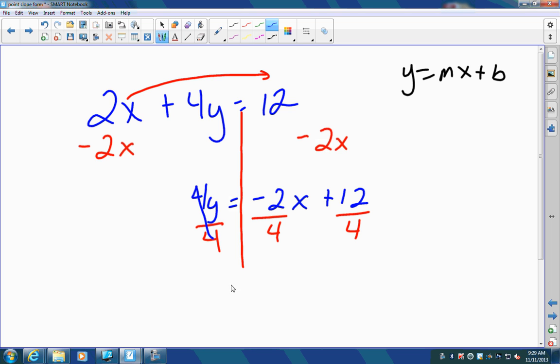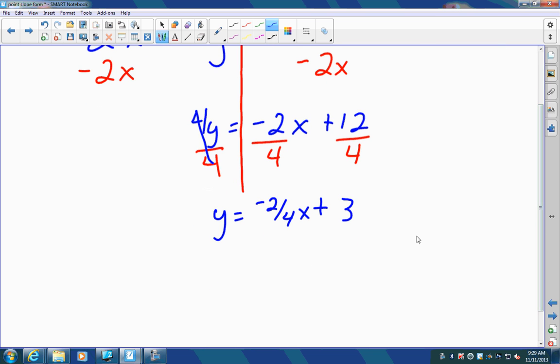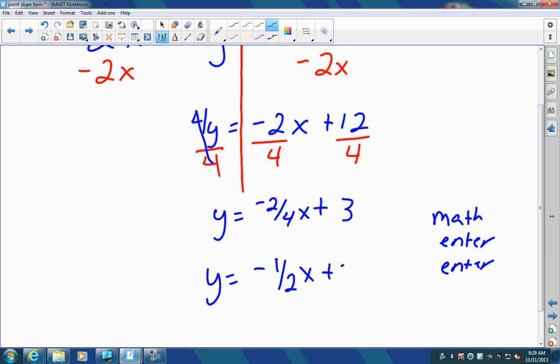These canceled, and I got y equals, at first, negative 2/4 x plus 3. The problem is, this has to reduce. If you don't remember how to reduce a fraction, you can put it in your calculator and press math, enter, enter, and that will reduce it for you. So I get y equals negative 1/2 x plus 3.